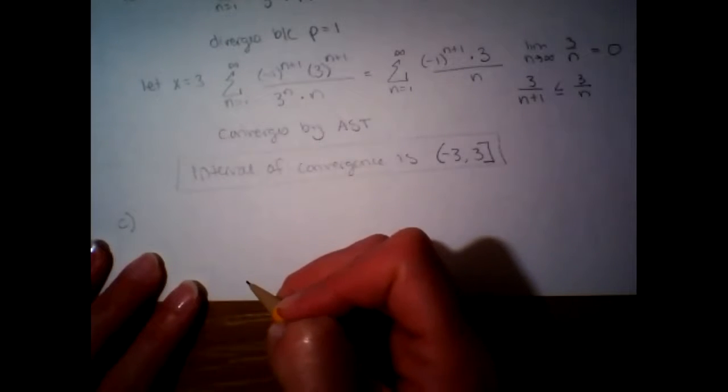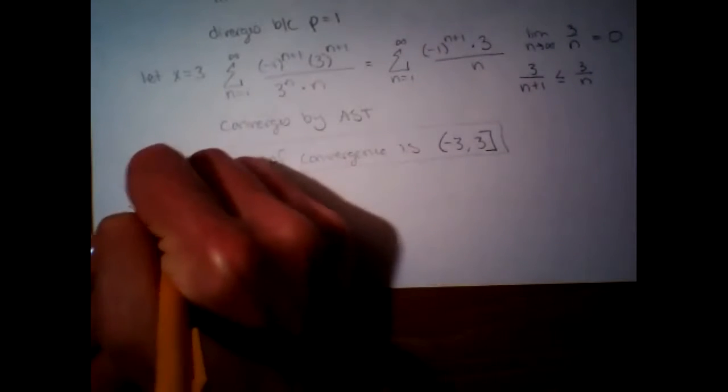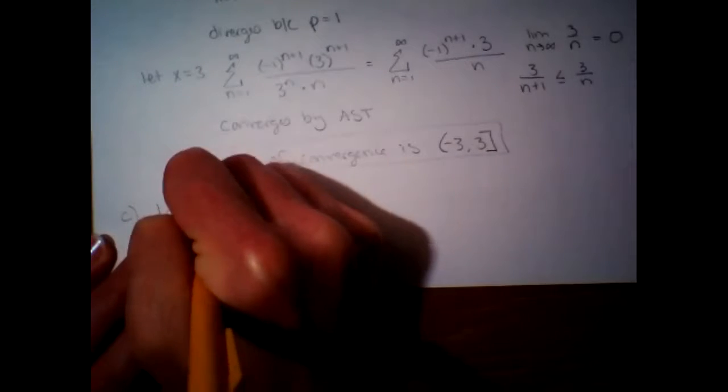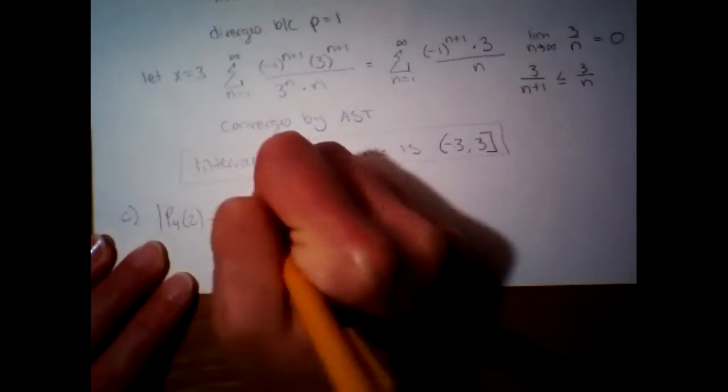Part C says, let P4 of x be the 4th degree Taylor polynomial about 0. Use the alternating series error bound to find an upper bound for the absolute value of P sub 4 of 2 minus f of 2. All you really need to remember for this, let me write this down here, we're plugging in 2 for this.